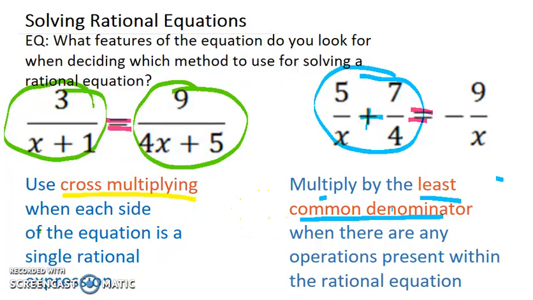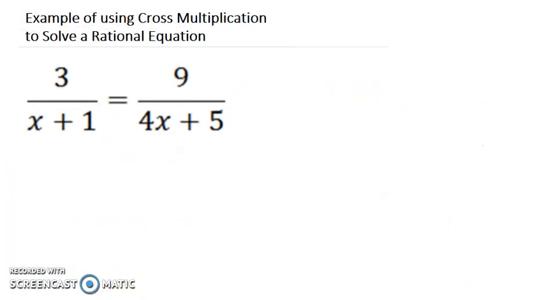The method we will be demonstrating in this video is the cross multiplication method of solving a rational equation. So cross multiplication, what I mean by that is we're going to take the denominator of the second fraction and multiply it to the numerator of the first fraction.